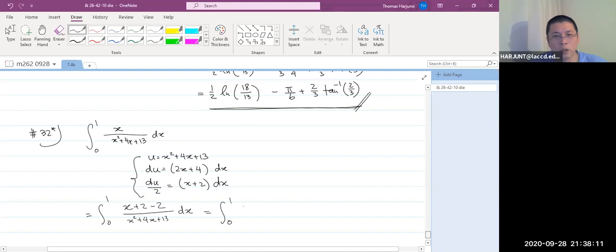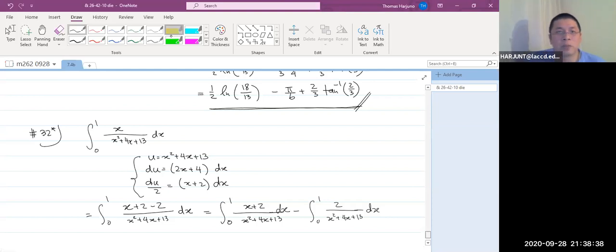Which will be the integral from 0 to 1 of x plus 2 over x squared plus 4x plus 13, minus 2 times the integral from 0 to 1 of 1 over x squared plus 4x plus 13 dx. So I split this. This guy goes here, and this guy goes here.